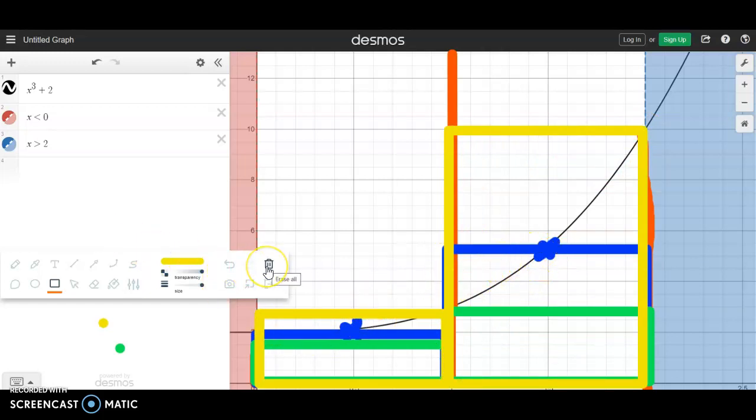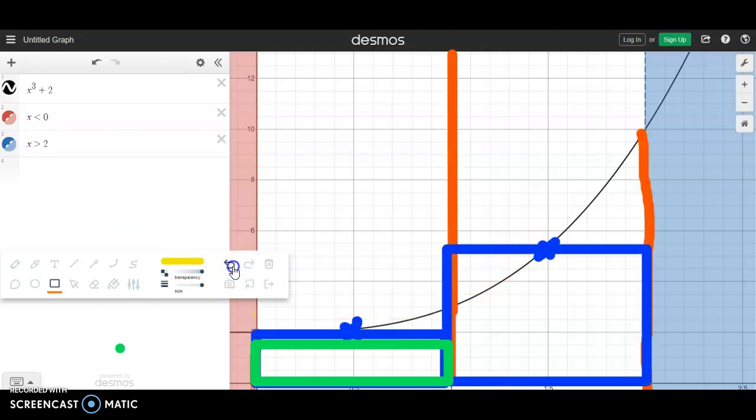Now if we were to actually calculate this area, we take x cubed plus 2 and plug this in.